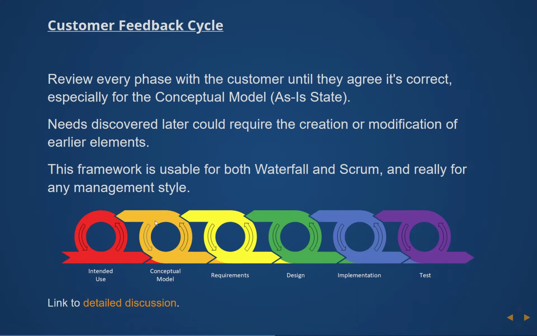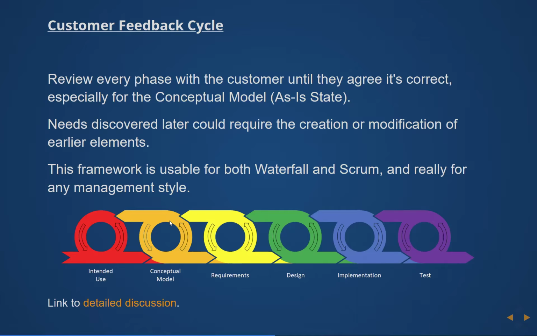Then we'll show it back to the customer who showed us all this stuff and explained it to us. And they will review whether or not we have a correct and complete understanding. And if we don't, we keep correcting and adding things and changing things until we get it.